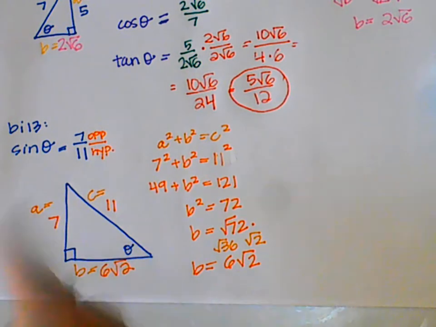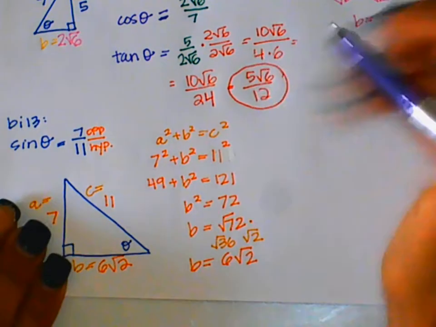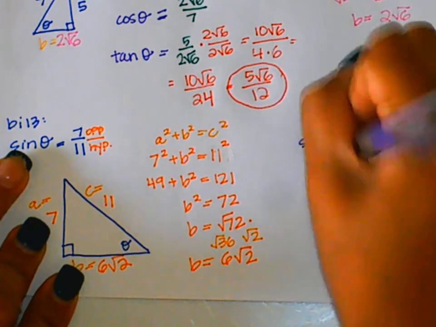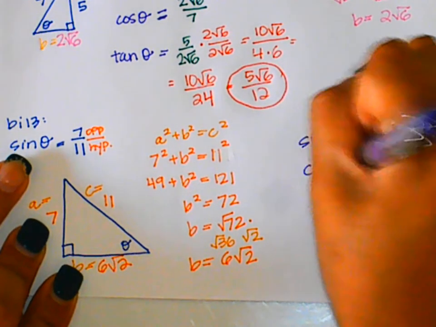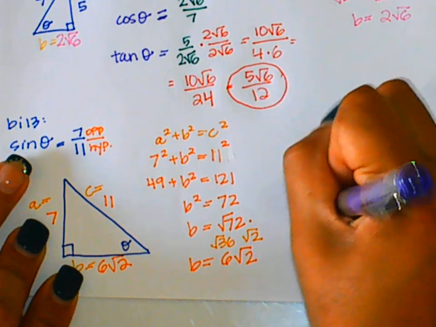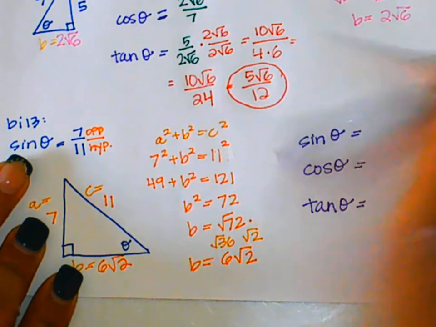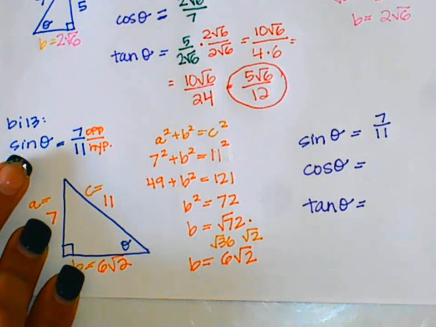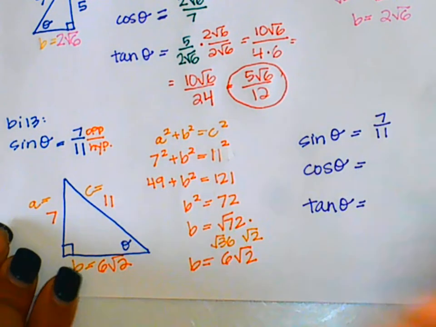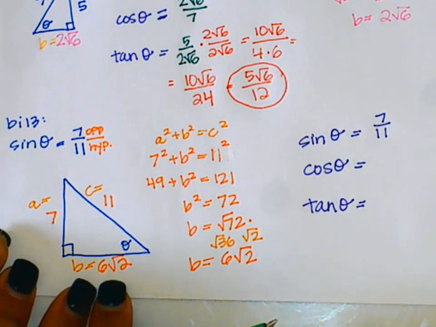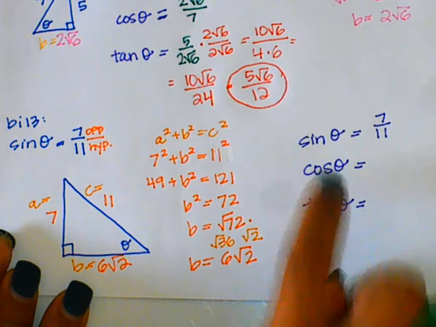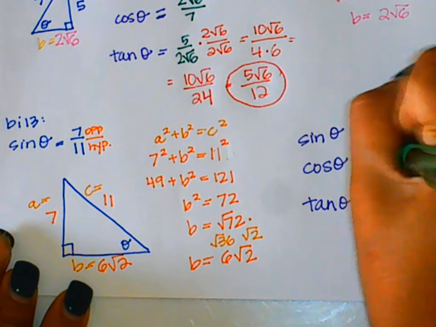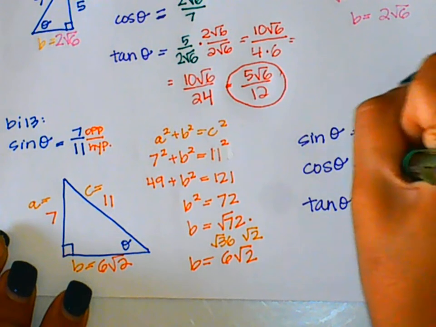Now that I have all 3 sides, I can go ahead and find my SOHCAHTOA. Sine was given, cosine and tangent. So we knew our sine based off of our problem, and we use that to find the other. So cosine is adjacent, that's the CA part of SOHCAHTOA. So the CA is adjacent over hypotenuse, which is 6 radical 2 over 11.